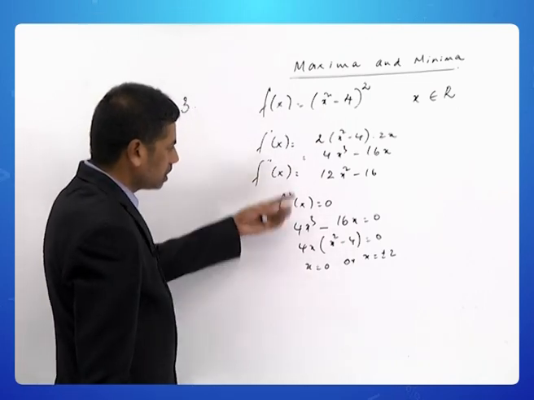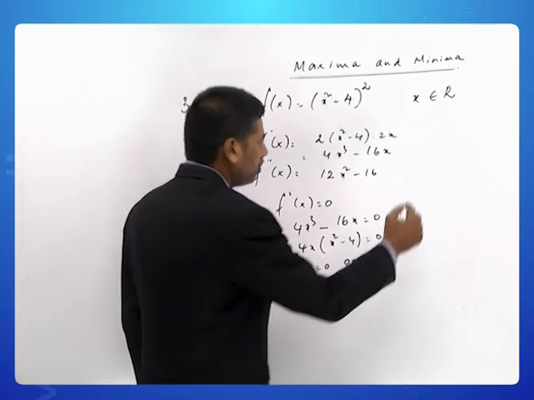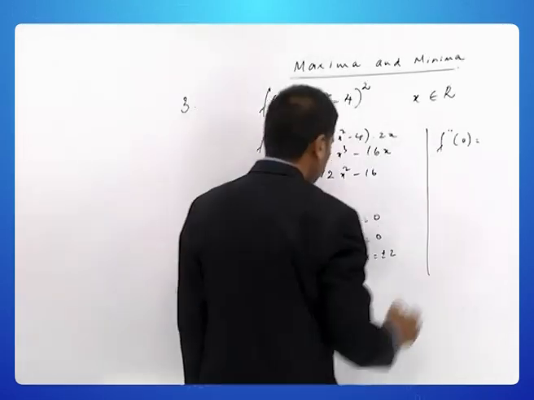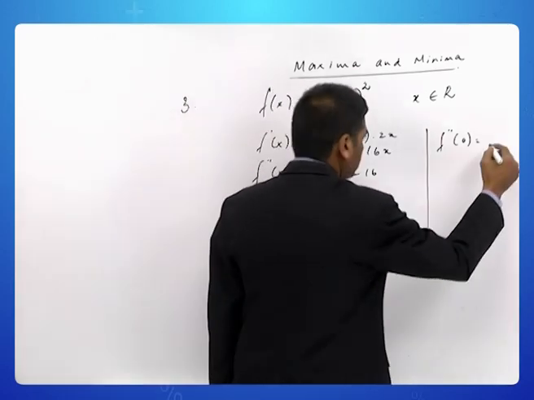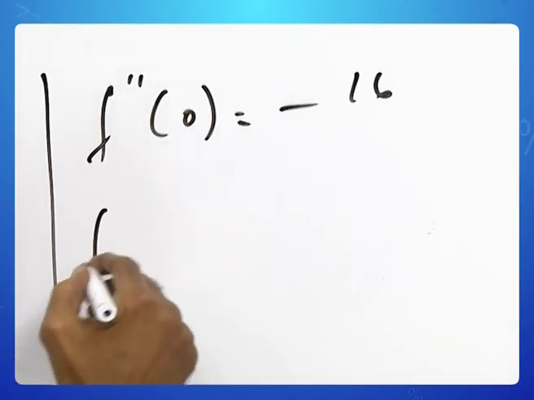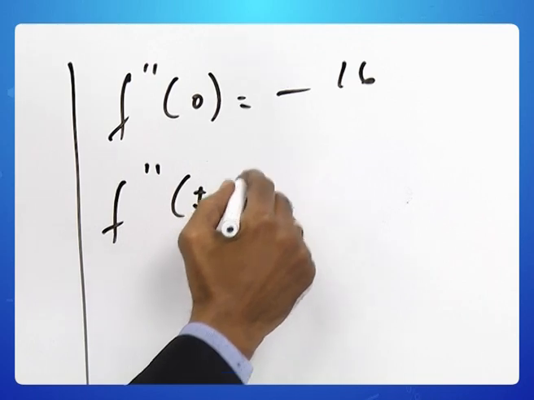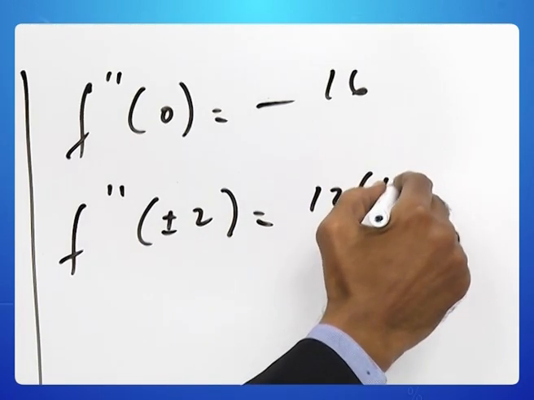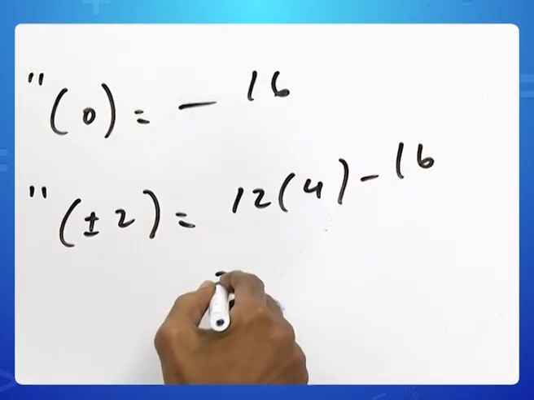Let us substitute this in the second derivative. F double dash 0 will be minus 16. F double dash plus or minus 2 will be 12 into 4 minus 16.